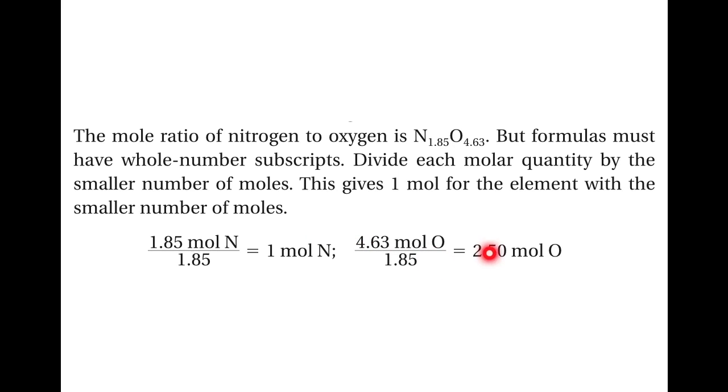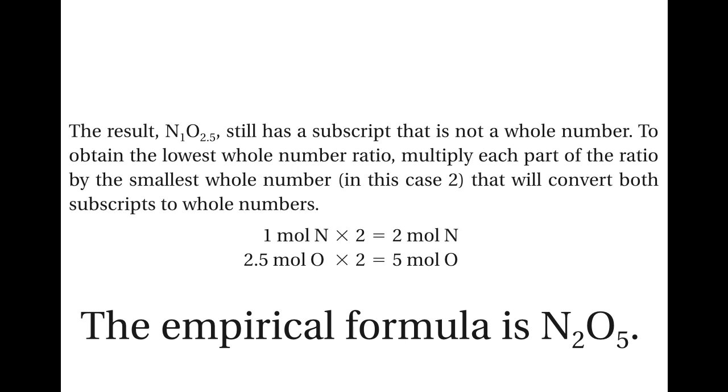Well, the easiest thing to do would be to just look at it and say, if I multiply both my moles by a certain number, can I turn that into a whole number? Yeah. If I look at 2.5 and multiply that by 2, I would get a whole number, which is 5. So that's what I'm going to do. Whatever I do for one, I have to do to both. Since I multiplied 2.5 by 2, I need to multiply 1 mole of nitrogen by 2 also.